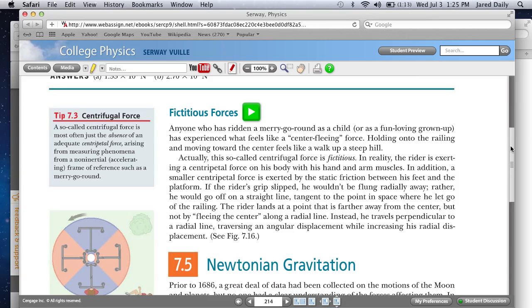Imagine one with those really uncomfortable plasticky vinyl seats, and somebody has poured engine oil all over the seat, and you're wearing just your bathing suit. You just got out of the pool, you're wet, and you're sitting on a seat that's super slippery and super oily, and you're not wearing your seatbelt, and your friend jerks the wheel to the left really hard, and you're going to go sliding right out of the car.